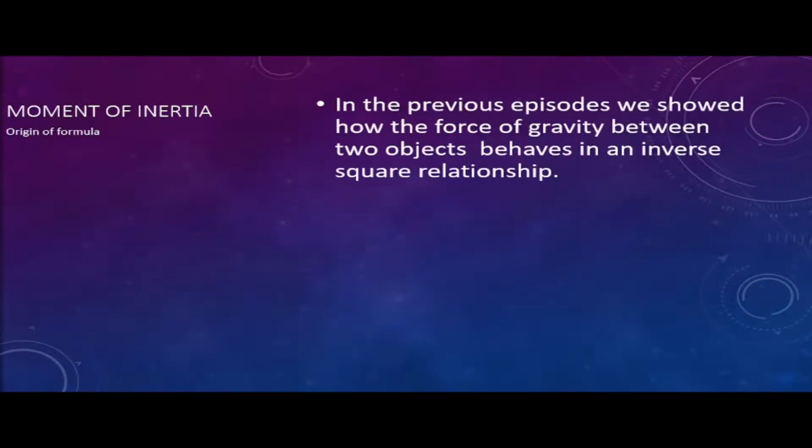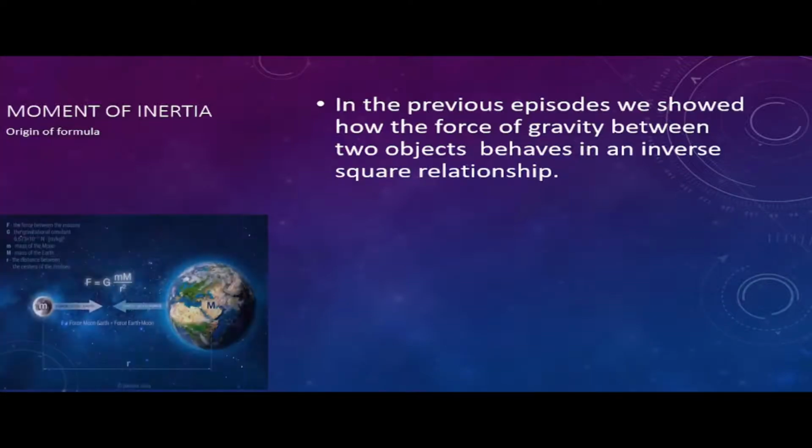In the previous episode, we showed how the force of gravity between two objects behaves in an inverse square relationship, just like the force of gravity that exists between the Earth and the Moon. It is given by the formula F, which is equivalent to mass times acceleration, is equal to K, a constant of proportionality, times the mass of the Earth and the mass of the Moon divided by the radius of separation between them squared.